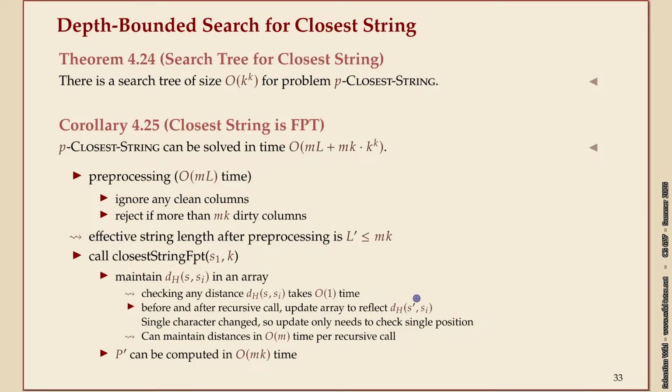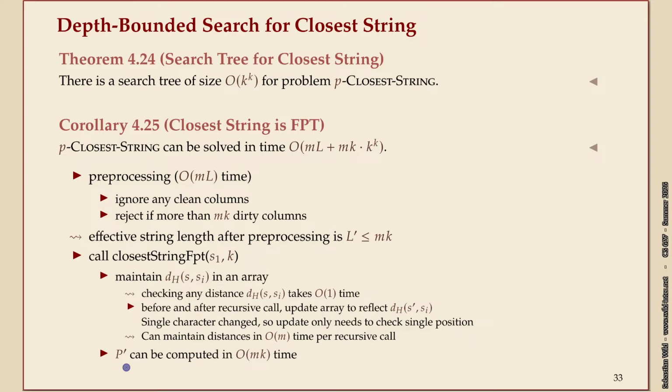The good thing is going from s to s prime, we just change a single character. So also the Hamming distance is either going to change not at all or going up by 1 or down by 1. You just have to look at one position. So that's cheap to maintain. The bottleneck seems to be to determine the positions where a specific string differs from the consensus string.